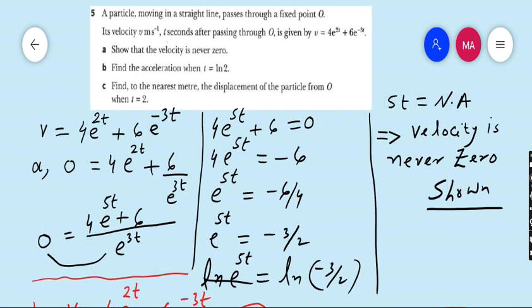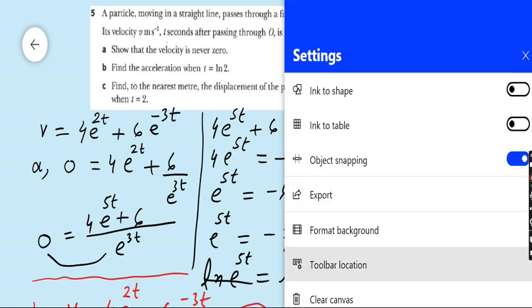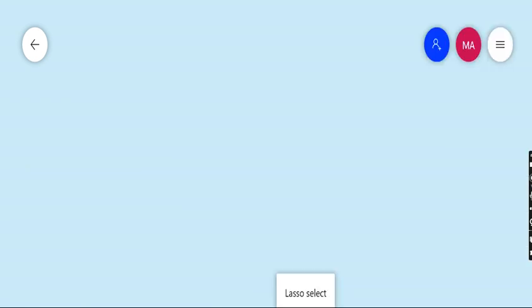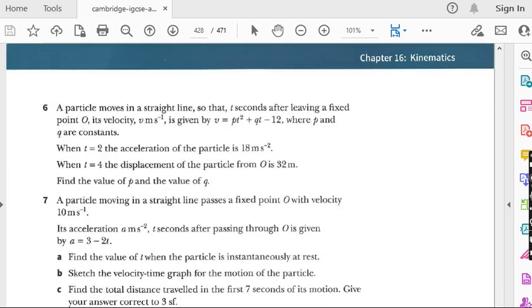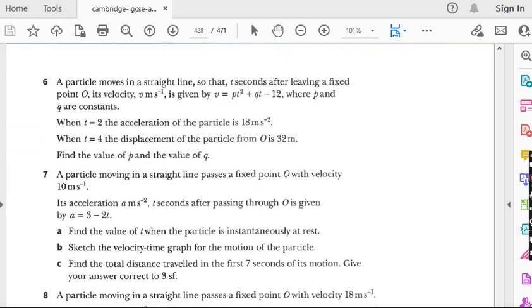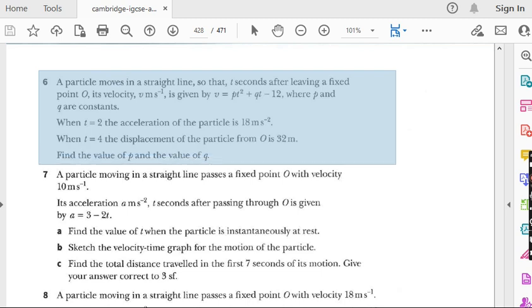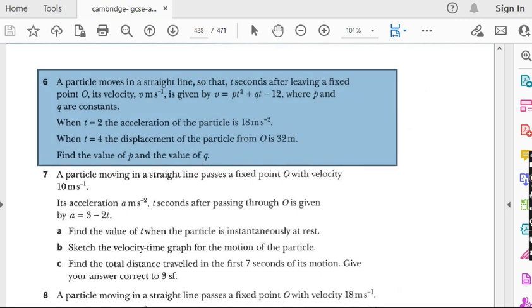So kindly practice these kinds of questions, especially from past papers. Now move to question number 6.